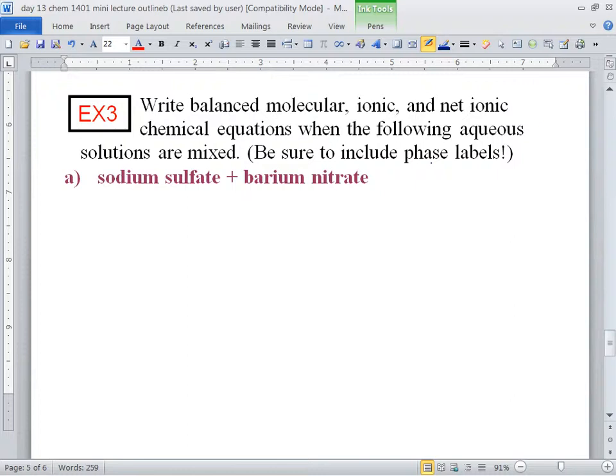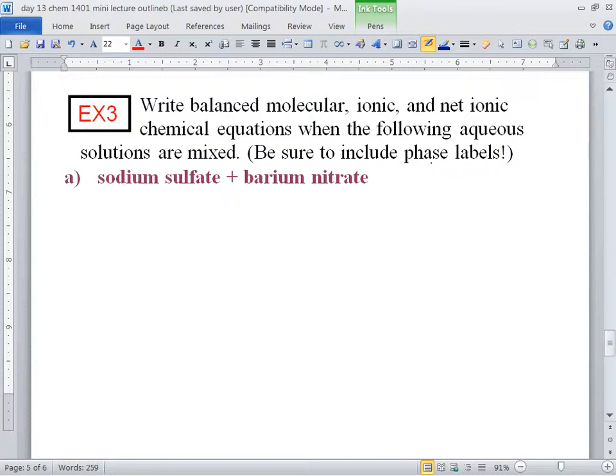Sodium sulfate plus barium nitrate. So your two reactants need to be sodium sulfate and barium nitrate.